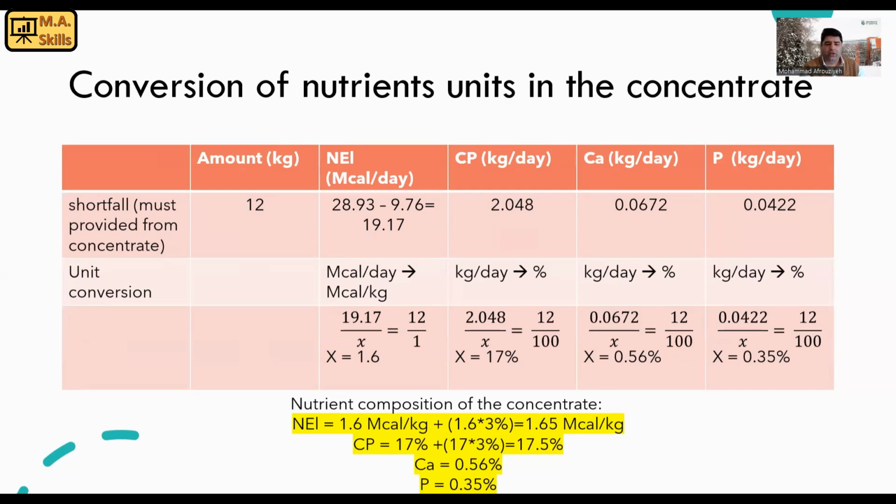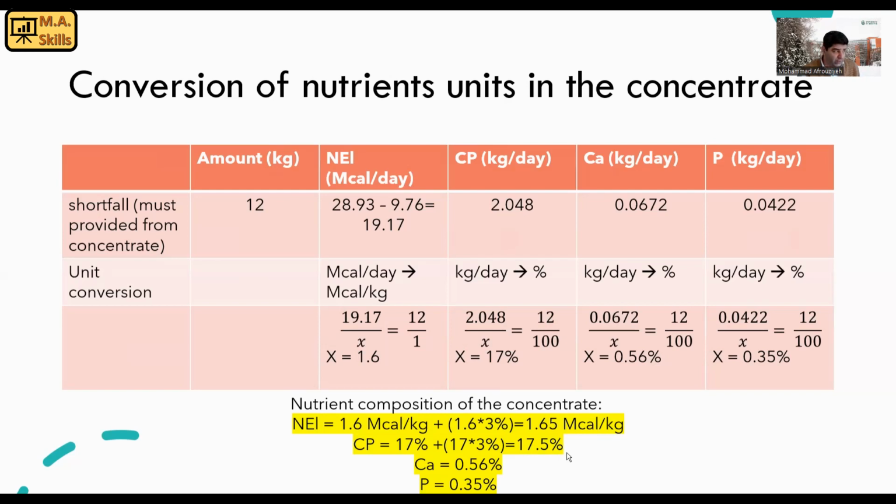So our concentrate was supposed to have 1.6 megacalorie per kilogram energy, but we are going to add 3% of that on top of the energy. So it's going to give us 1.65 megacalorie per kilogram energy. Same idea for protein: 17% was the expected one, but we're going to add 3% more, so it's going to give us 17.5% protein.